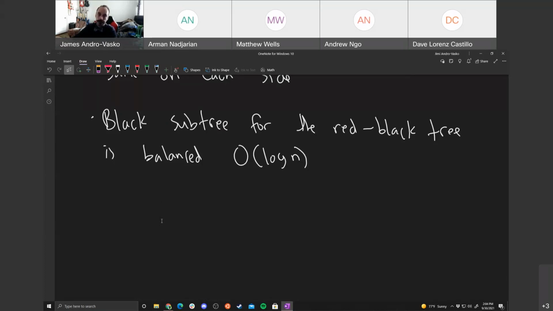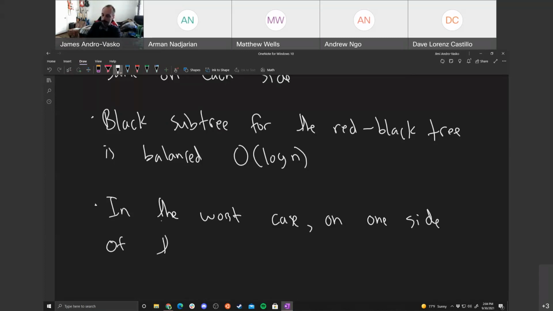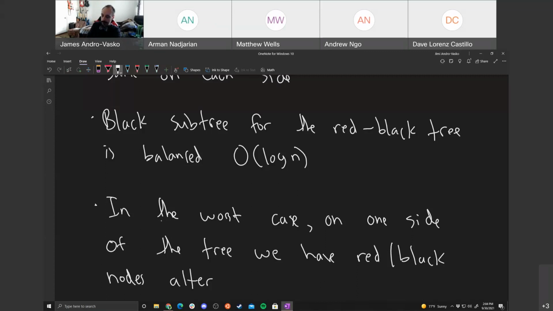Now, in the worst case, on one side of the tree, we have red and black nodes alternating.